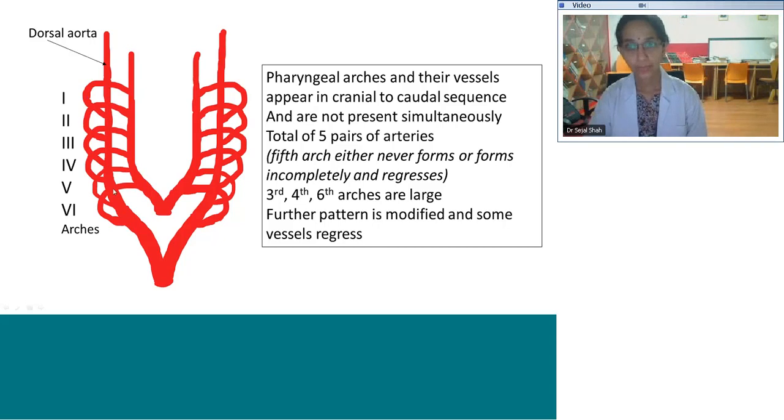Again, out of which the 3rd, 4th and the 6th are the ones which are sizable. The 1st and the 2nd also over time will become atretic. And there are lots of changes happening in terms of modification and regression of vessels over time.